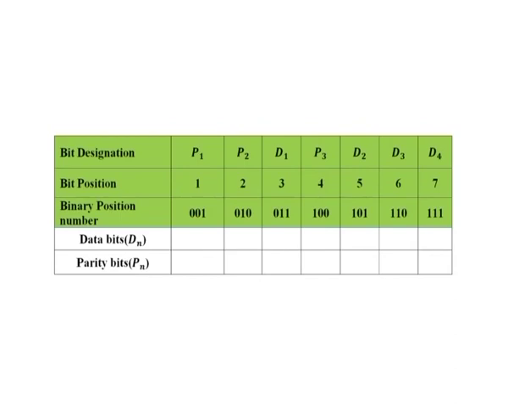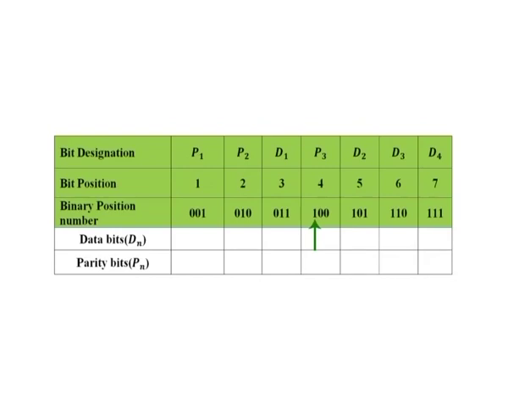The binary position number for parity bit P2 has a 1 for its middle bit. It checks all bit positions including itself that have 1s in the same position. Therefore, parity bit P2 checks bit positions 2, 3, 6 and 7. The binary position number for parity bit P3 has a 1 for its leftmost bit.